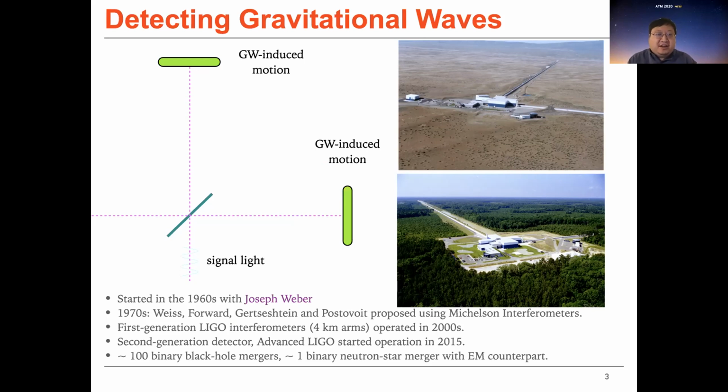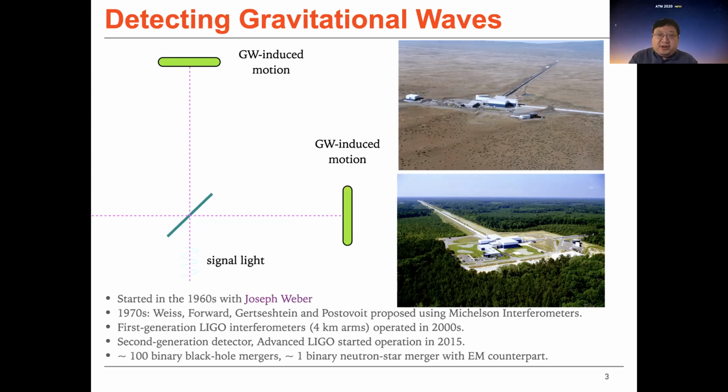Later on, Rai Weiss and others proposed to use Michelson interferometers to detect gravitational waves. They soon realized that you need 4-kilometer sized Michelson interferometers to reach sensitivities that will be meaningful for detecting astrophysical gravitational waves.